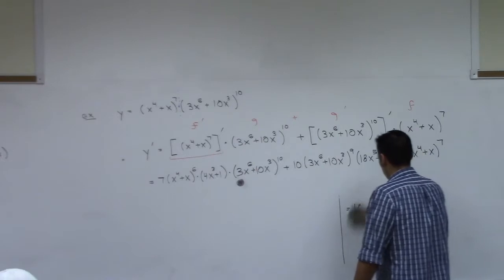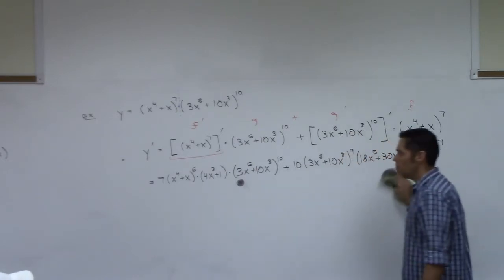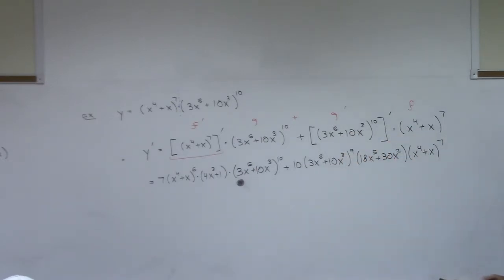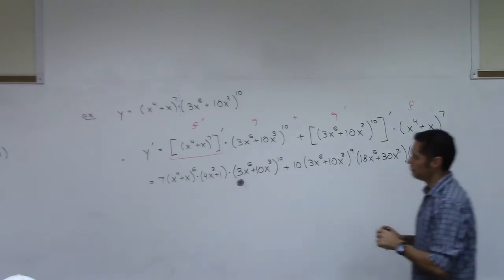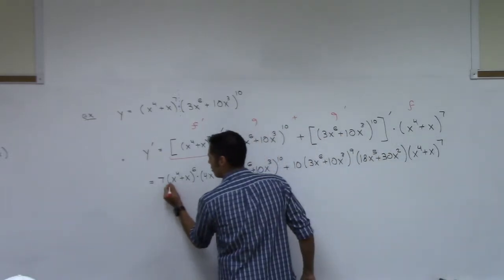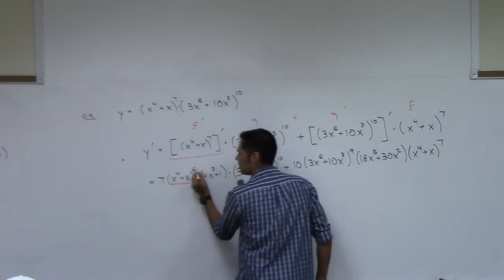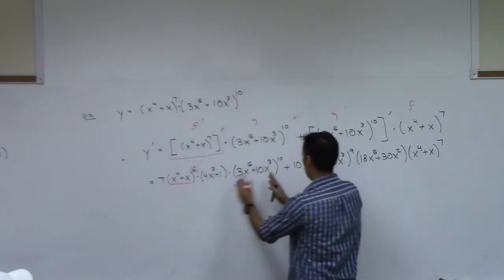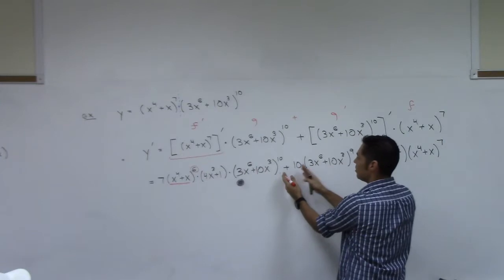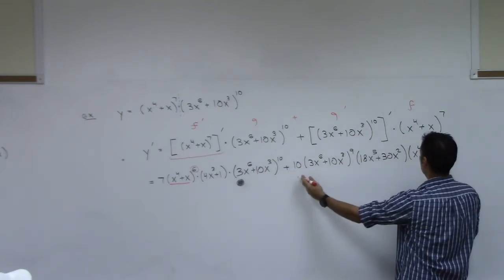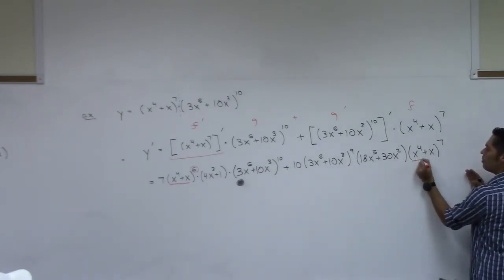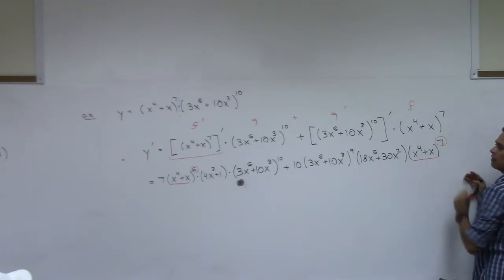Now this, again, is what I call the raw derivative, but we actually could clean this one up. I know it doesn't look like you could clean this up, but I want you to notice something here. You have some common factors. Look, you've got an x to the 4th plus x, right? And you've got 6 of them. And then here's our addition, right? So this is a separate term over here. We have an x to the 4th plus x to the 7th here.